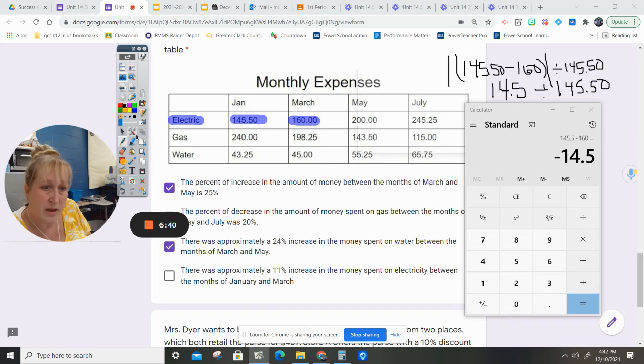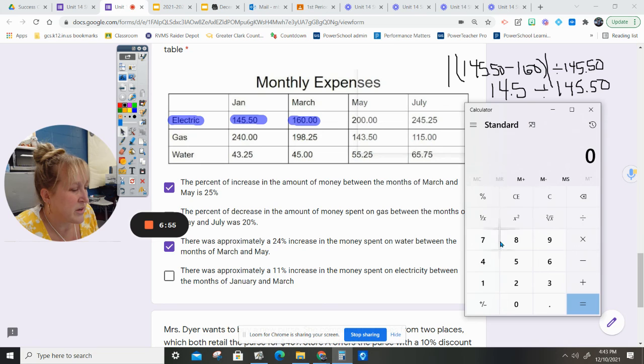145.50. Okay. Now I know the mistakes that were made was the kids, when they were meeting in my group with me, they would put this number in here and divide it. No. You need to put the little number divided by the big number. So clear. 14.50 divided by 145.50 equals, oh my goodness, I can't use a calculator either. 14.5 divided by 145.50 equals.